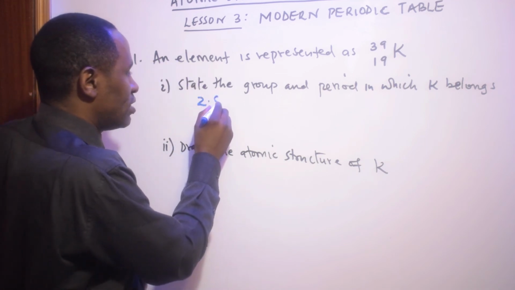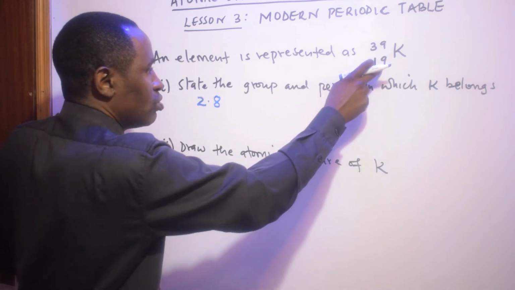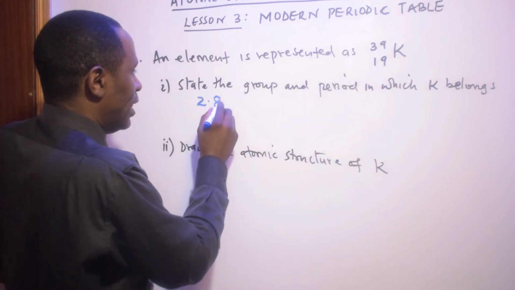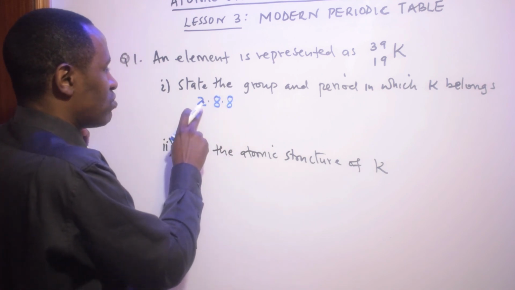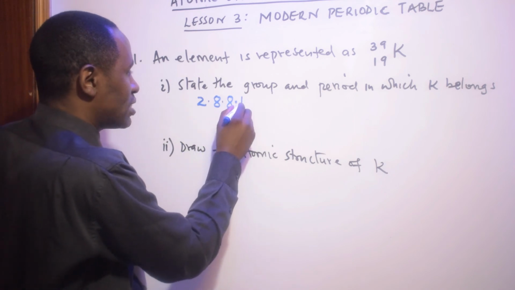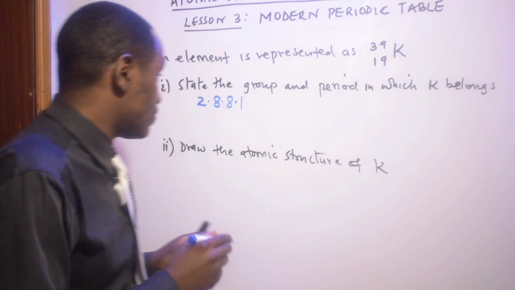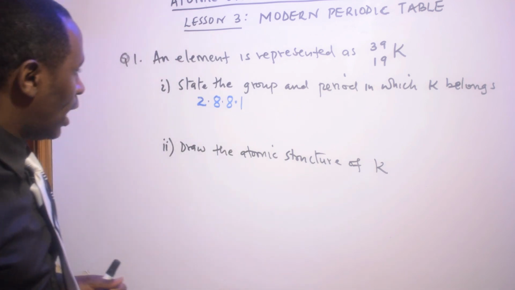The second energy level holds 8. I have 10 electrons now, and I'm supposed to represent 19. The third one holds 8. So in total I have 2 plus 8 plus 8, which is 18. And the 19th one gets into the outermost energy level, or the 4th energy level.